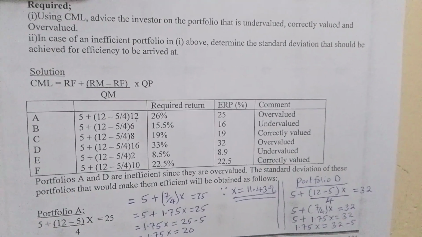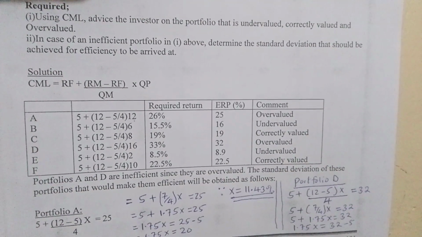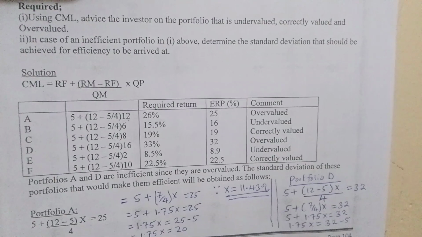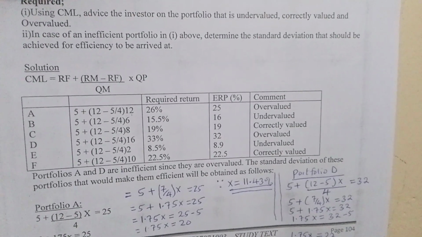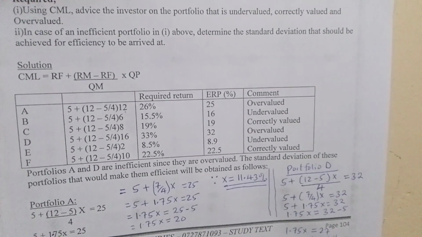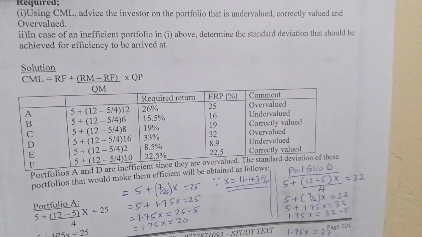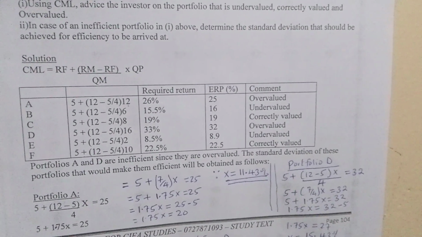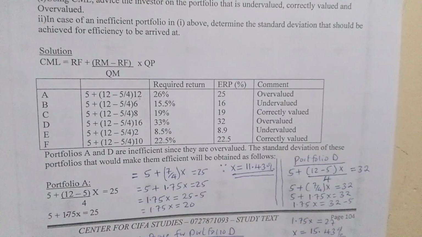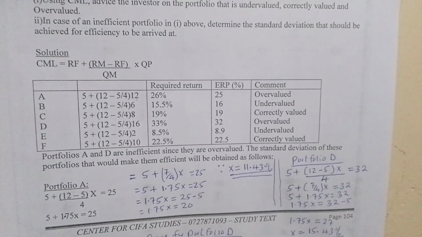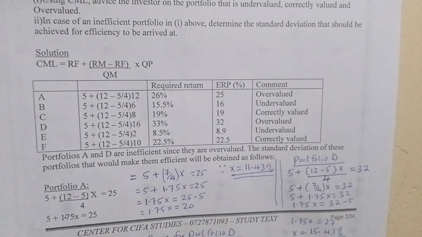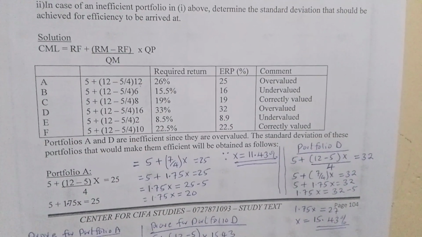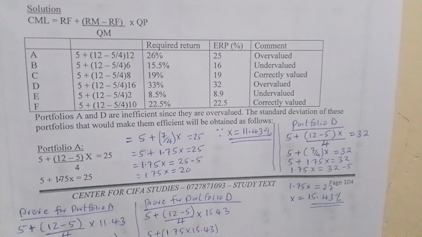The securities which are inefficient, we've seen are security A. In other words, those securities which are overvalued, A and D. We want to see what percentage can we use so that our expected return, for example, for A, we get 25. That's the question that we are using.